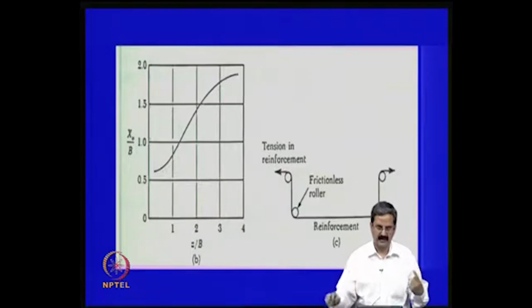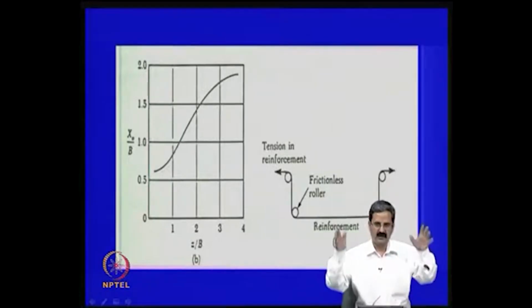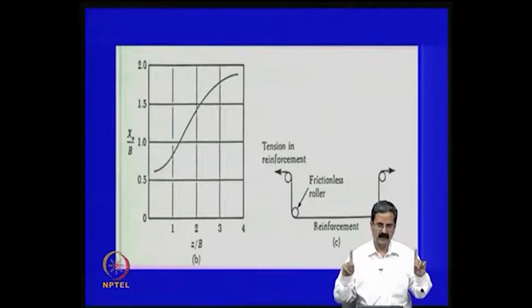That is what the assumption means: at that point x naught, we assume that there is a frictionless roller working, to make our calculation simple, so that if there is so much load, there is so much tension here, and then there is also a spacing. The tension is because of the shear stress distribution, right. The tension is because of the shear stress distribution.